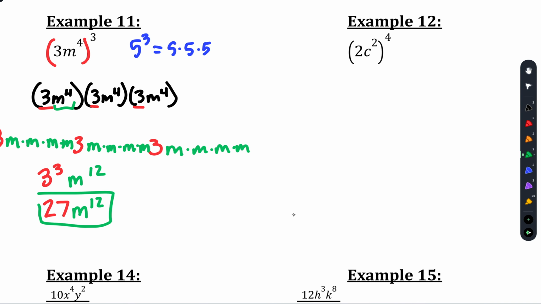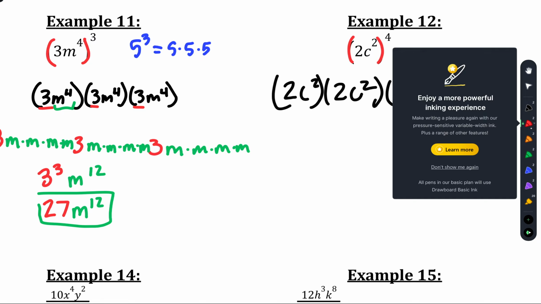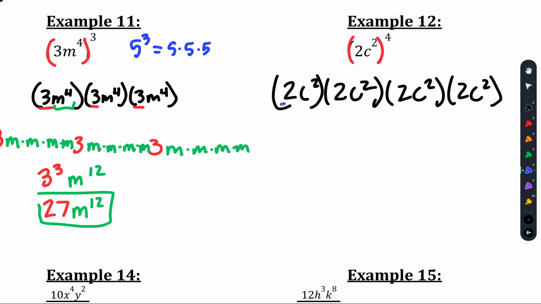So then 2c to the 2nd to the 4th power, how would I rewrite that? I'm going to break it up. I'm going to rewrite this 4 times. 2c squared, 2c squared, 2c squared, 2c squared. I'm going to rewrite those 2's. 2, 2, 2, 2.